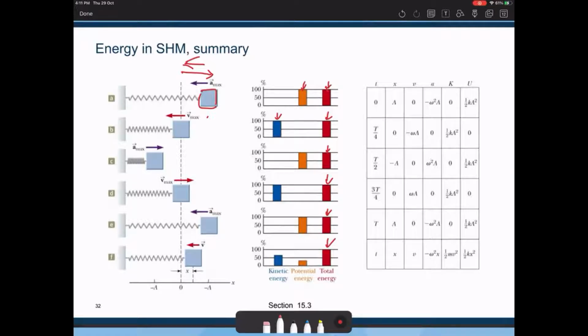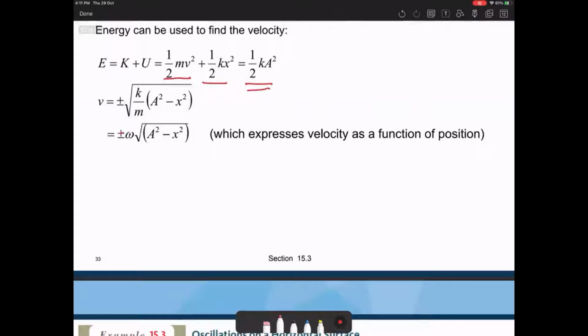But at the same location from the equilibrium point, the magnitude of the velocity seems to be a constant. That is the idea.